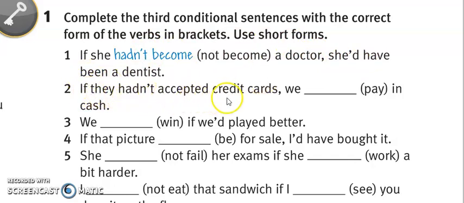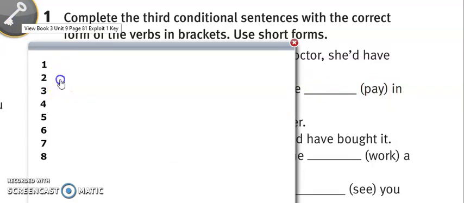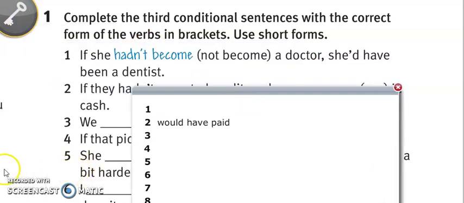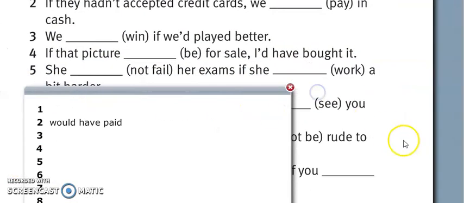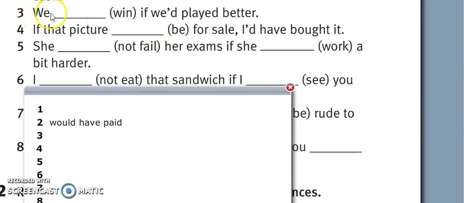If they hadn't accepted credit cards, we would have paid in cash. The third example: we blank, if we had played better. Unlike the other sentences, put the result clause first and the if clause at the end of the sentence, so we start with we would have won.